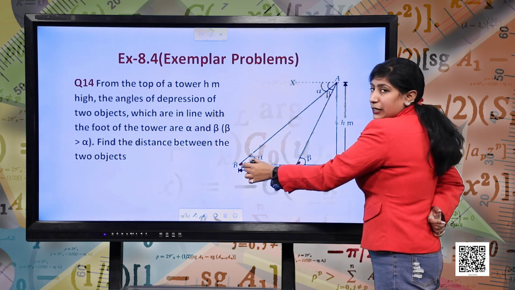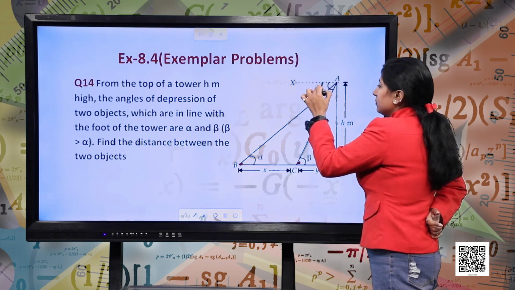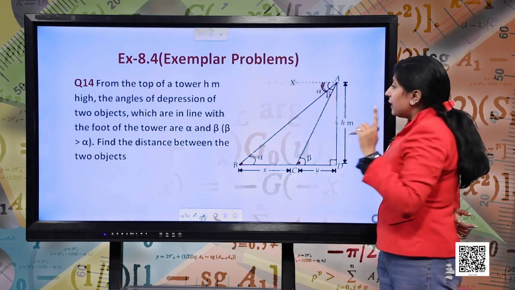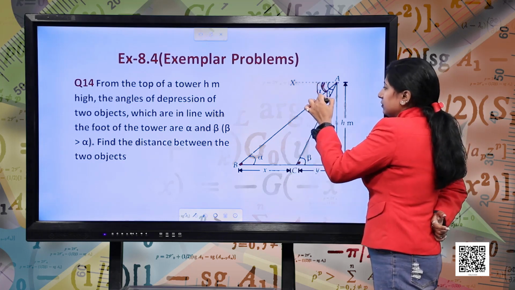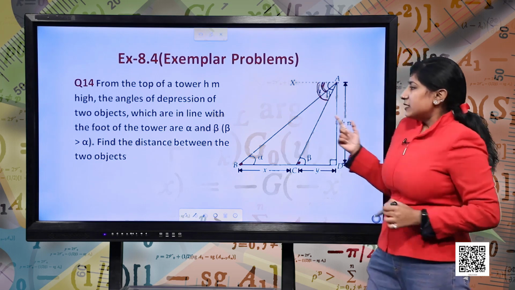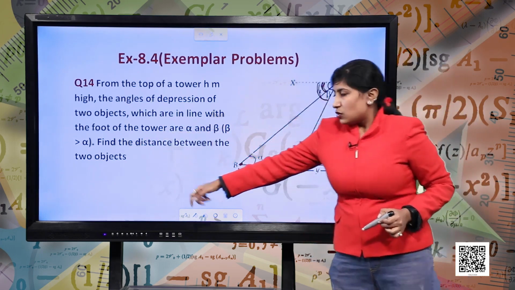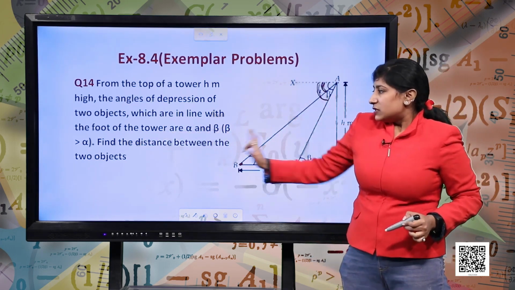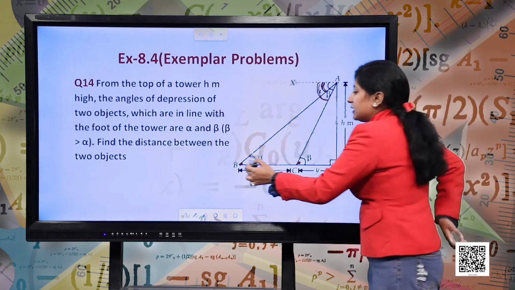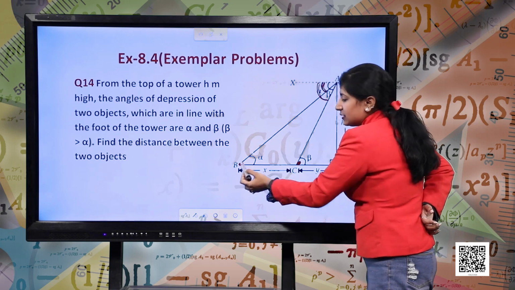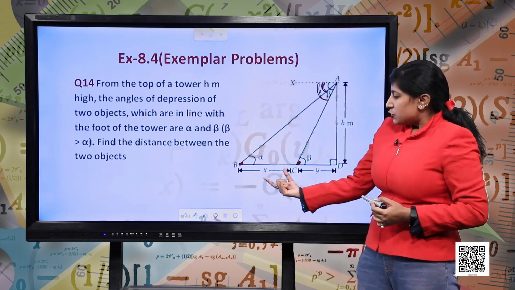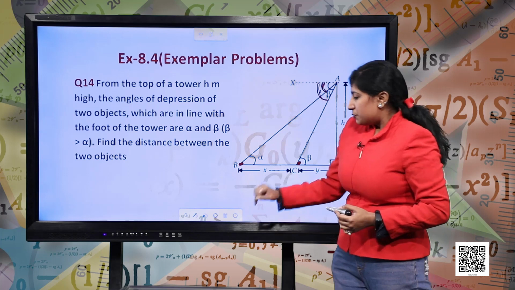When you look from A to B, the angle is this, alpha. When you look from A to this point C, the angle is beta, and beta is greater than alpha. It is also given. We have to find the distance between two objects. That is, we need to find the distance between B and C, which means x. So I have assumed it to be x. So how are we going to proceed?